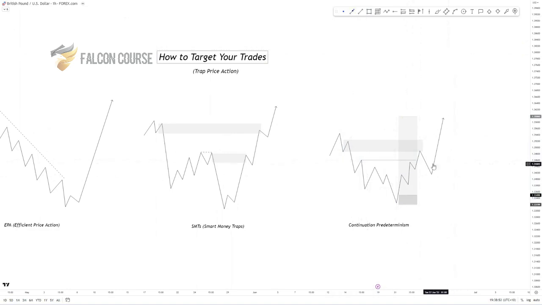Okay, now why can I target above this? Well, you shouldn't really, but if you're in the trade, what you can be doing is waiting for continuation predeterminism. That means that a continuation order block with inducement will form before sweeping the inducement for this supply.